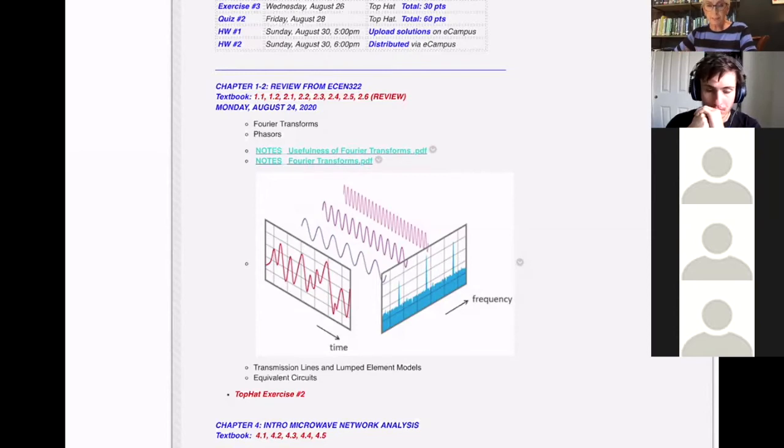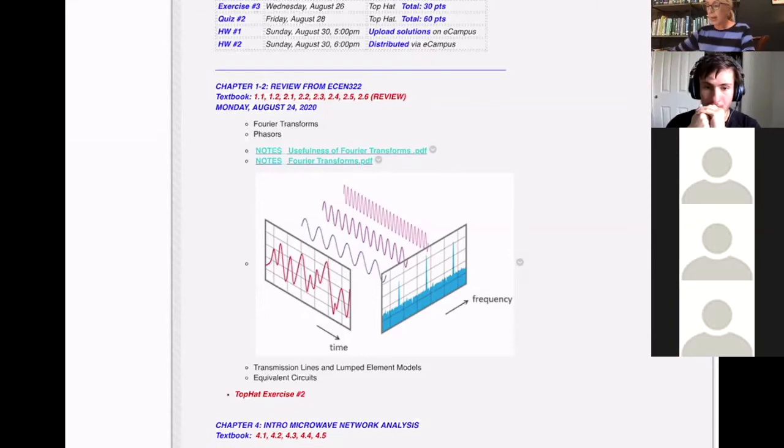We have seen it many times. We have not done a thorough analysis, as many people do, especially in communications, but we need to know enough of it because a lot of the functions in the network analysis we will have to deal with in the frequency domain. And there are some properties which are important. We are not going to go into a lot of mathematics, but we need to remember a few things.